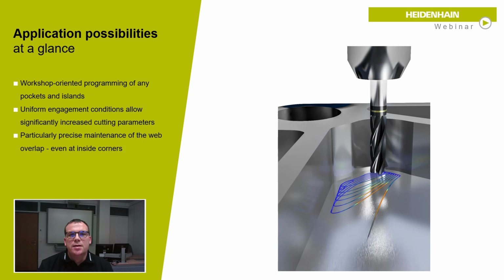The special thing of this new contour milling cycle is that the tool path overlap is constant over the complete milling process. That's a new possibility, and you see it in the picture with the milling path, and these are automatically calculated directly by the control.